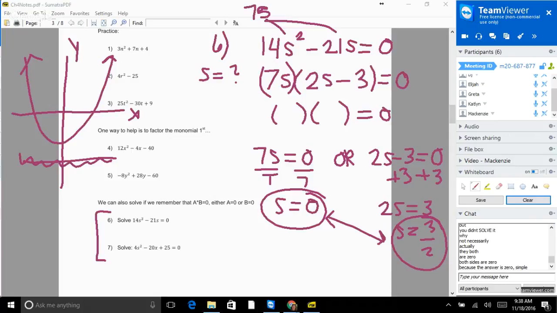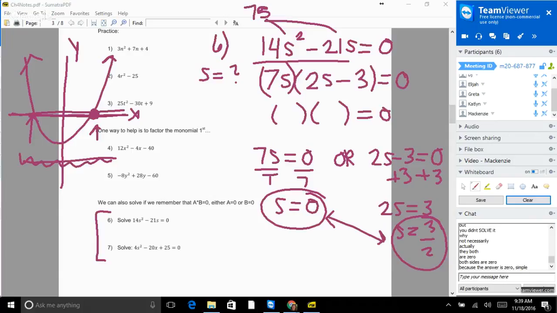What you're trying to figure out is, when does my quadratic equation equal 0? It equals 0 along this x-axis. So you're trying to figure out this point and this point on the equation.